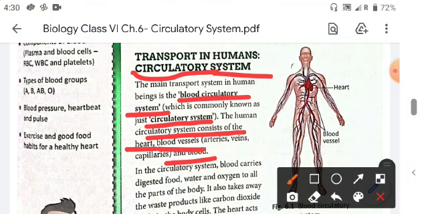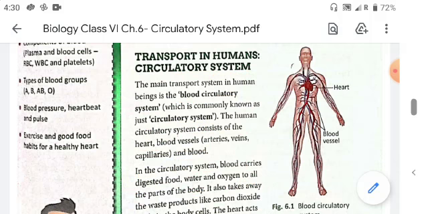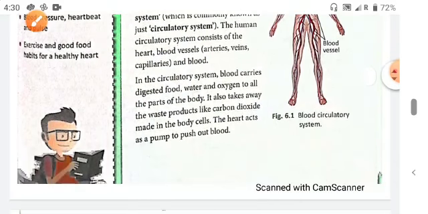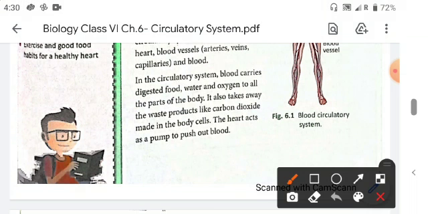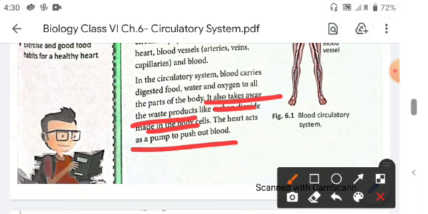In the circulatory system, blood carries digested food, water and oxygen to all parts of the body. It also takes away the waste products like carbon dioxide made in the body cells. The heart acts as a pump to push out the blood.